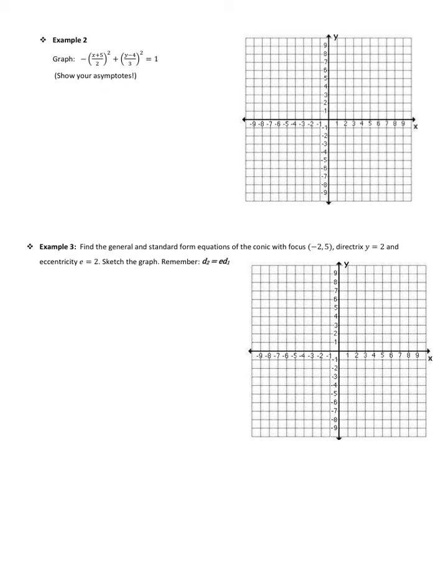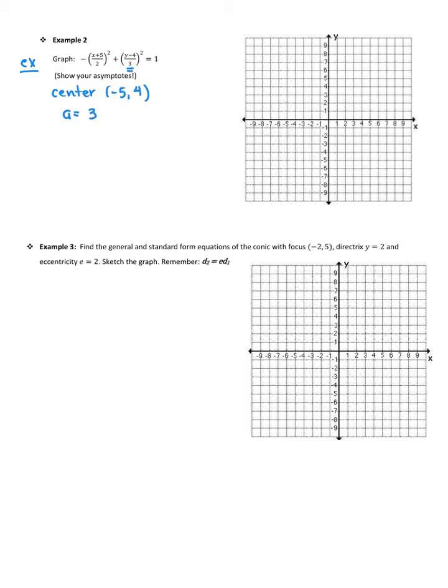All right, welcome back. Here is Hyperbolas part 2, and we're going to start off with a review of how you graph a hyperbola. Notice in this first example up here, the x term now is negative, so I do know that my center is going to be -5, +4. The a value is going to be 3.